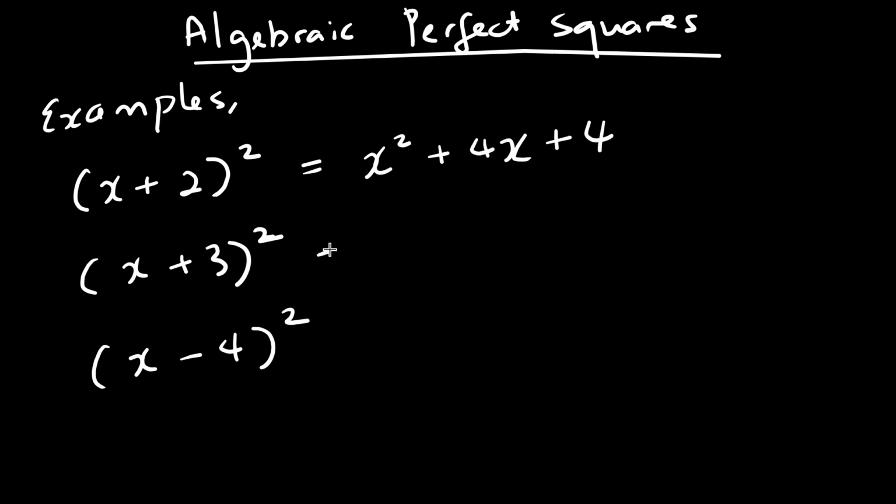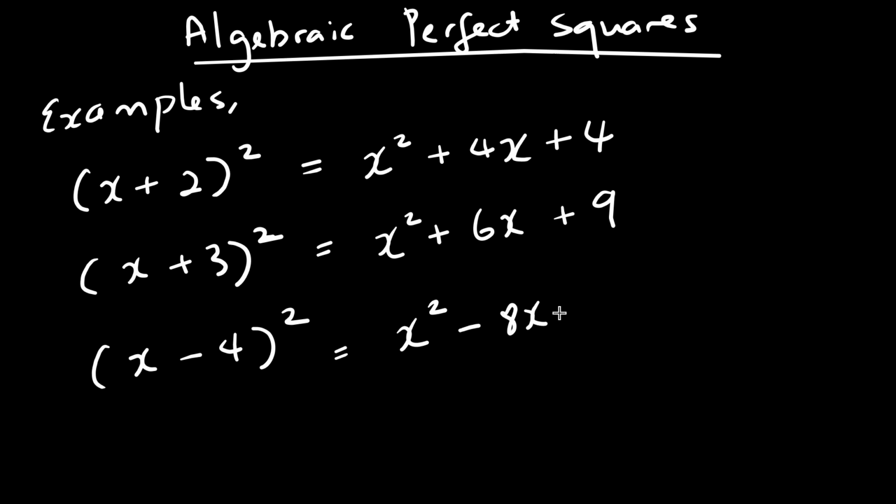This is something that you can do on your end. We'd end up with x squared plus 6x plus 9. We'd end up with x squared minus 8x plus 16, right?